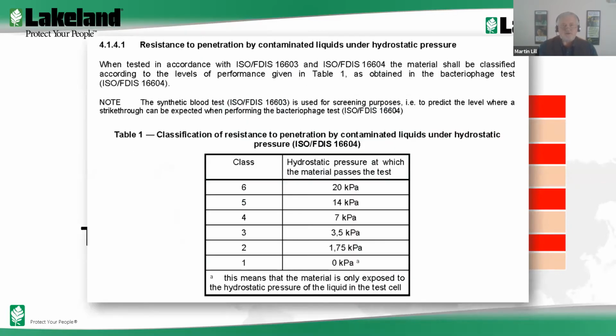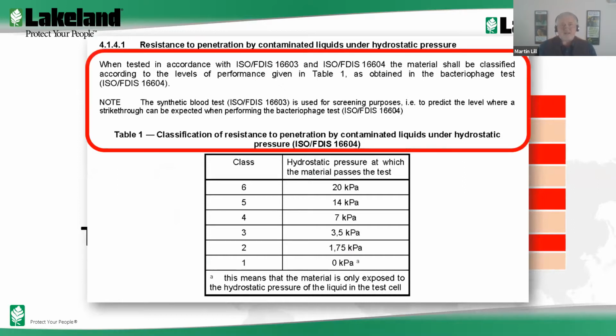This is the relevant clause in the standard, and this is the relevant text that explains. I'll not read it all out, but what that essentially says is that the synthetic blood test, ISO 16603, is used for screening purposes, i.e. to predict the level where a strike-through can be expected when performing the bacteriophage test, ISO 16604.